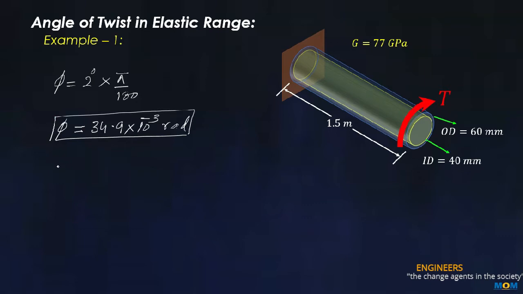So using these values in the expression, that is T is equal to GJ phi upon L. G is 77 gigapascal.